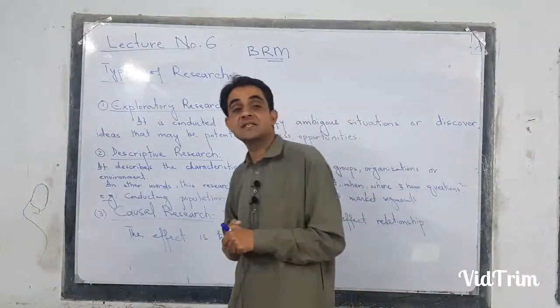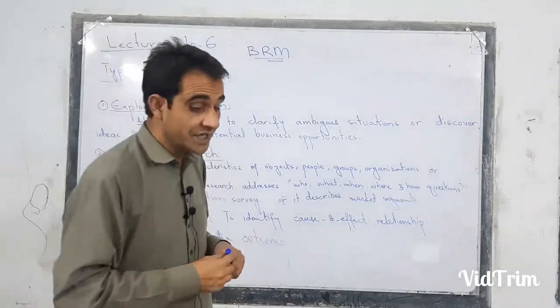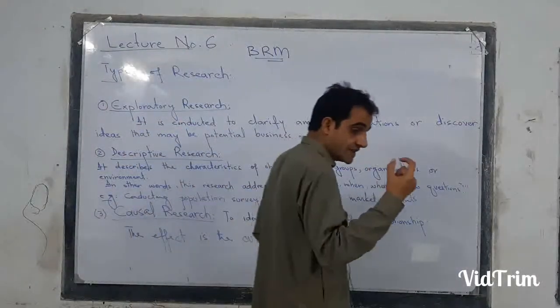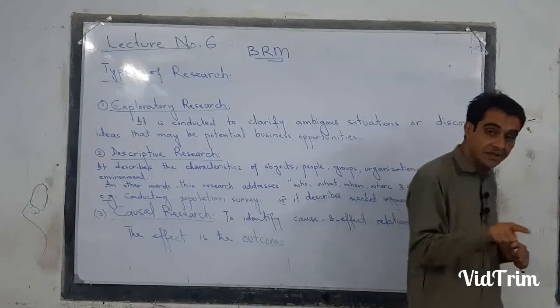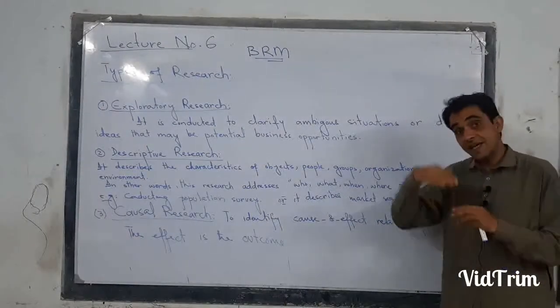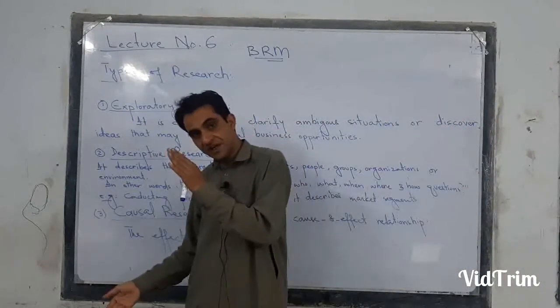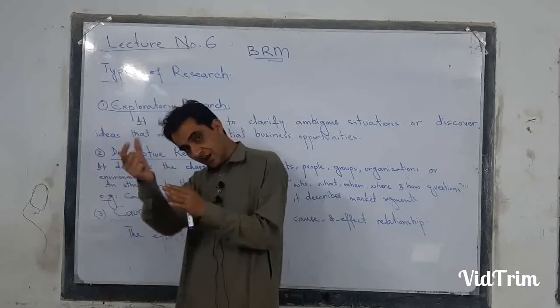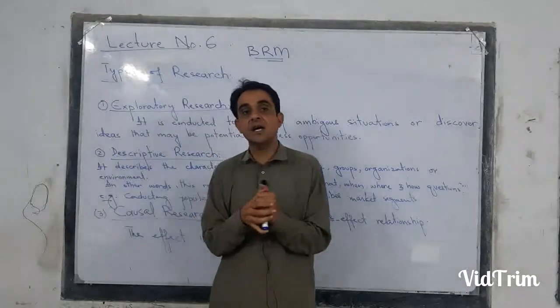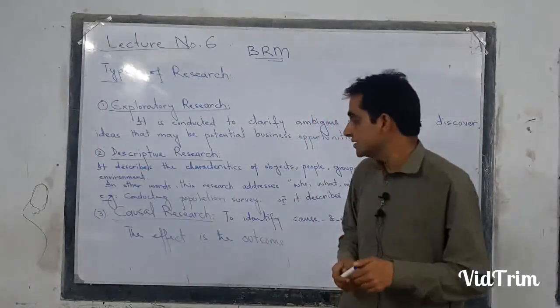This type of research is causal research. Or we can say your sale is decreasing day by day. The sale decrease is the effect, but there is something which is causing this effect. The reason of this we will find out through a specific type of research, which we call causal research.